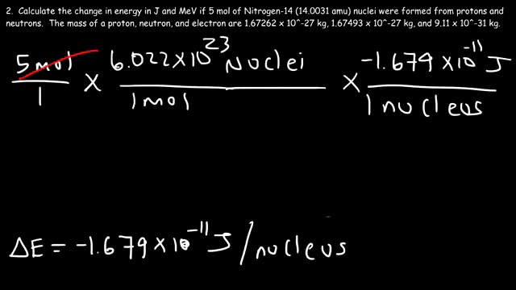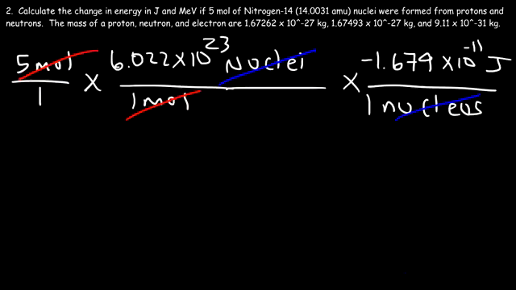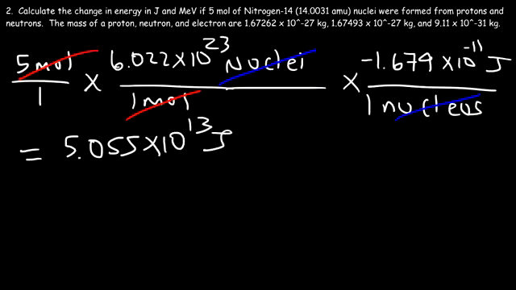And so we can see the unit moles will cancel, and the nucleus will cancel as well. So this will give us the energy change in joules if 5 moles of nitrogen nuclei were formed from protons and neutrons. And so this is equal to 5.055 times 10 to the 13 joules. And so that's the answer in joules.